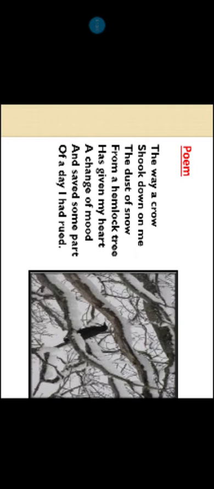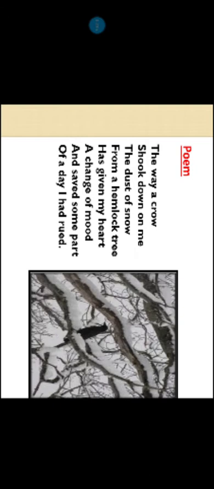So in this poem, Robert Frost has taken the hemlock tree and the crow because he describes that everything in the world is useful.